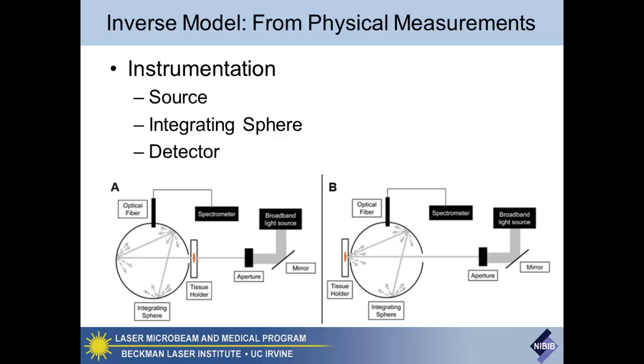With your detection fiber, you're only sampling a small part of the light that's been integrated within the sphere. In later slides, I'll go into more detail that this is a very lossy type of measurement, so signal and noise is always a big issue. Having accurate detectors and a sensitive enough spectrometer comes into play.